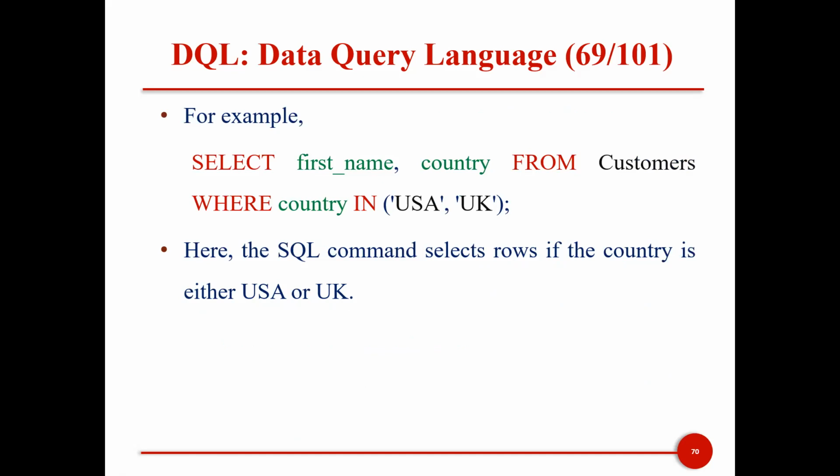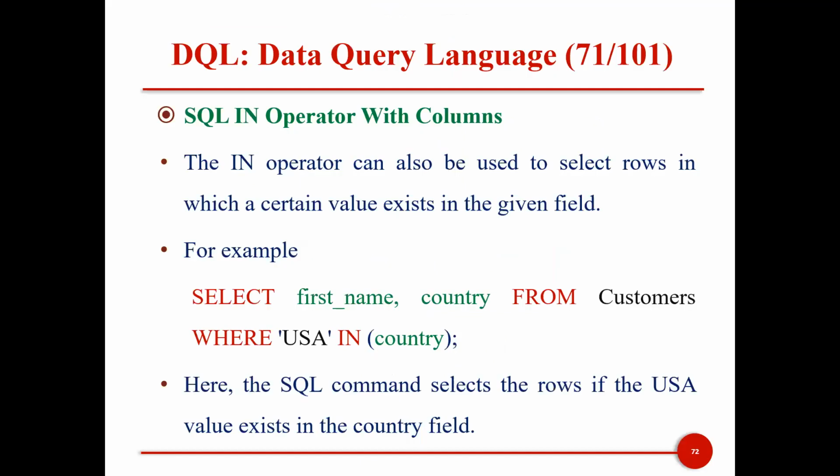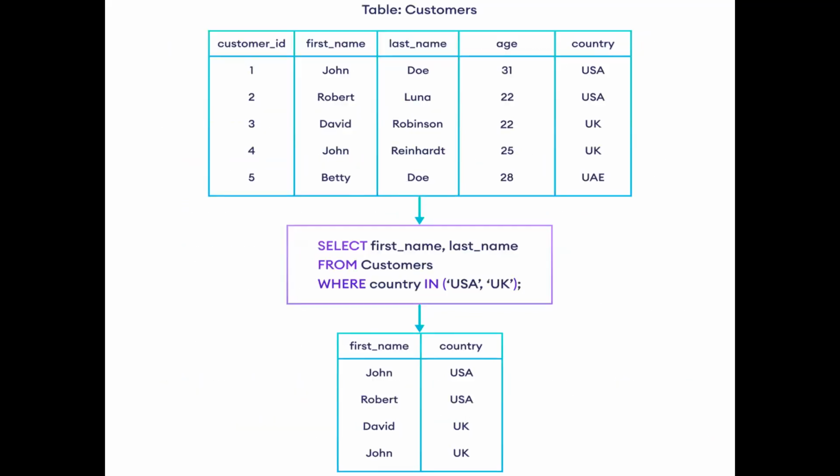Then you can see here, it will only be from this example. And the last name of the customers where their country is either USA or UK.